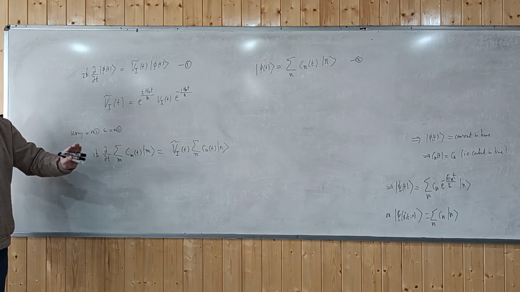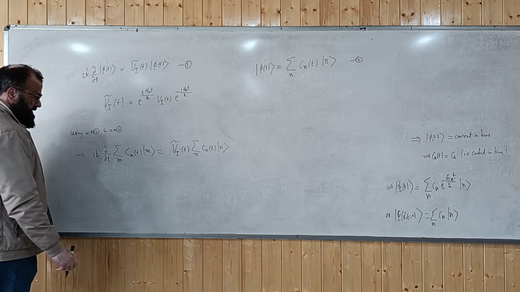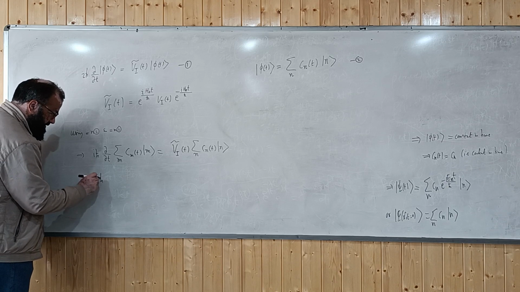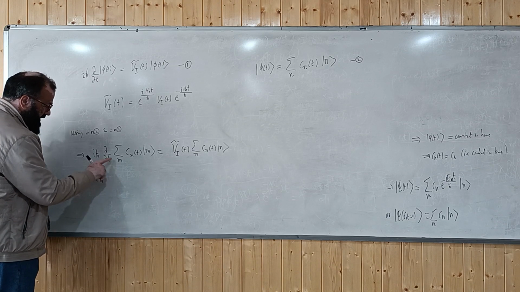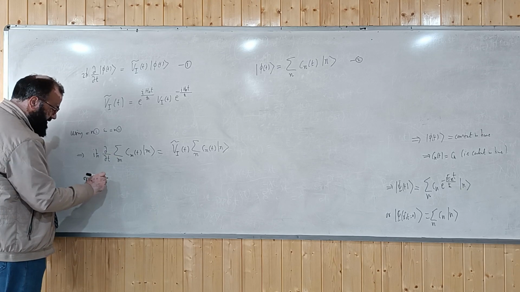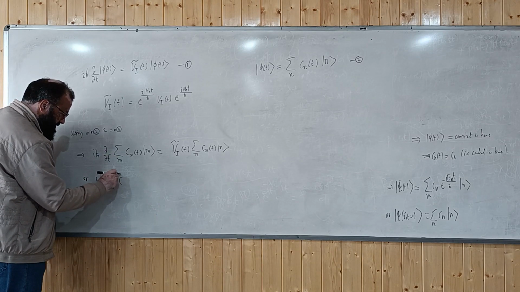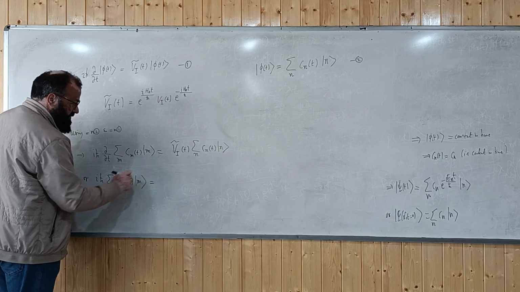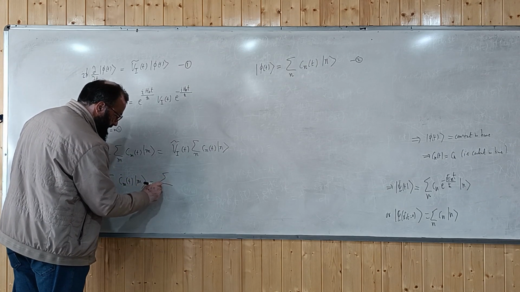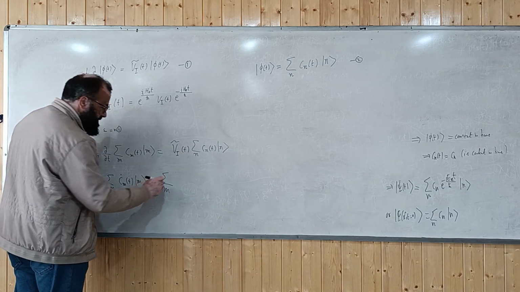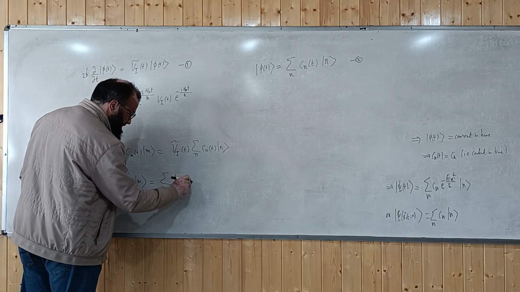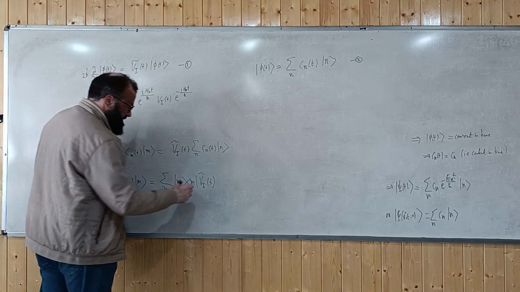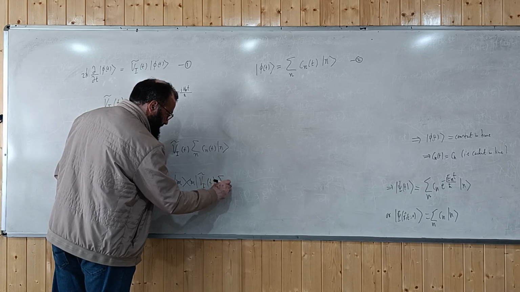So this I can write as i h cross, you take this out, d by dt, I will put a dot, summation of m, C dot m of t, and put a completeness condition, m, V tilde i of t, summation of n, Cn of t.